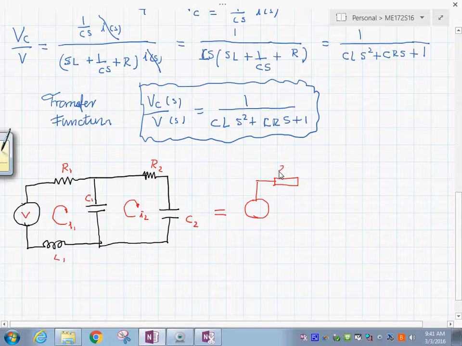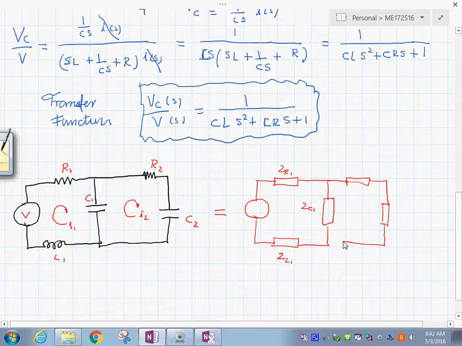What I'm trying to tell you is that once you have produced these transformations, you can treat the system as if it were just resistors, and solve it in series or in parallel.